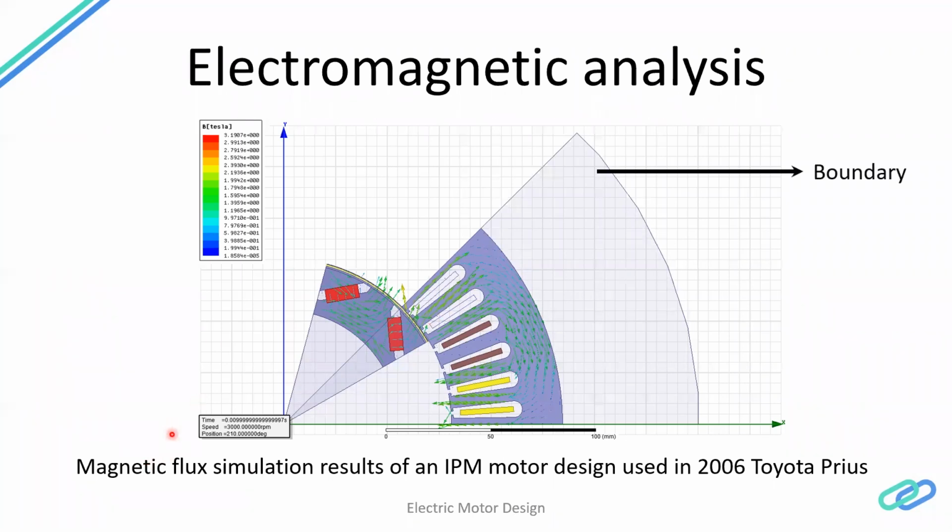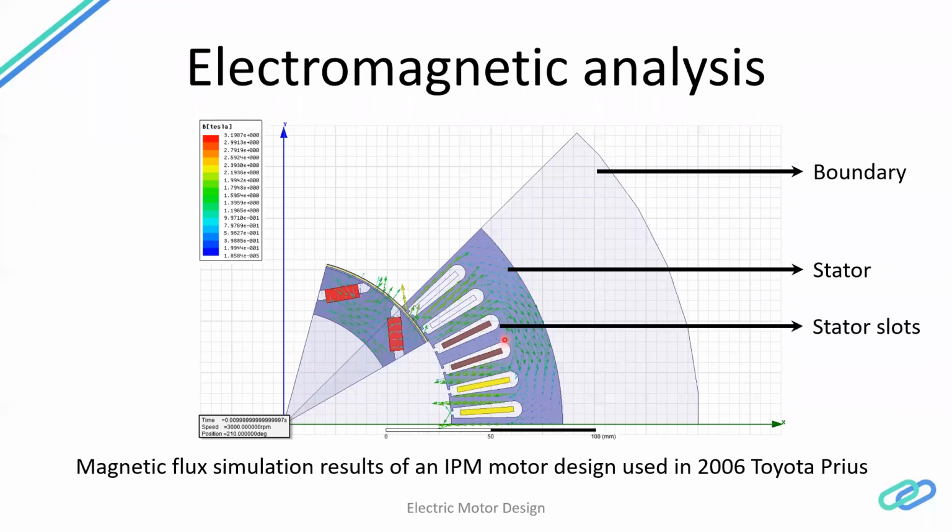We want to give you the different components that are shown here. It starts with a boundary, so you apply a physical boundary for your model, and then you have your stator, stator slots, and stator coils. This could be A phase, that could be B phase, and that could be C phase.